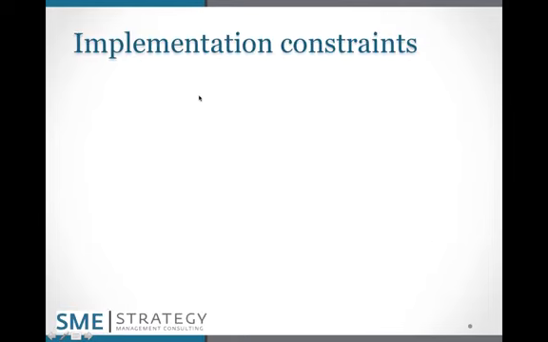So, other implementation constraints to identify. Time. Okay, well, we're against the gun to get this done. What do we need to do? Budgets. We don't have enough money to put this together right now. Or we only have so much money to do X, Y, and Z. Well, what else can we do in the meantime? Human resources. You might have skills gaps and you're missing some key employees.